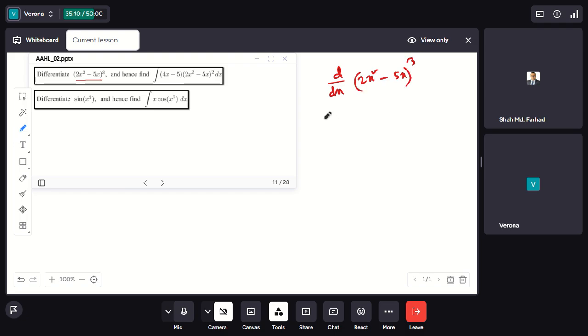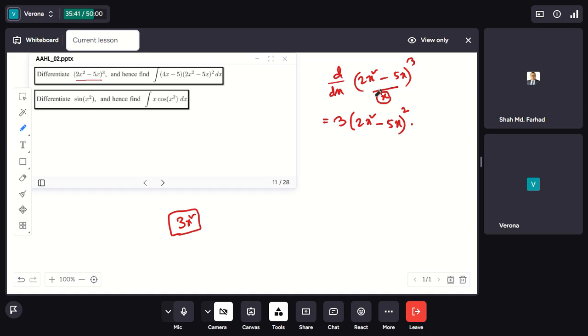If we use the chain rule, we can consider the inside as x, so we apply the power rule: x cube. If we differentiate x cube, we have 3x square. That means 3 times (2x square minus 5x) square.